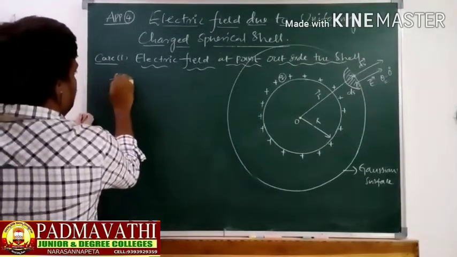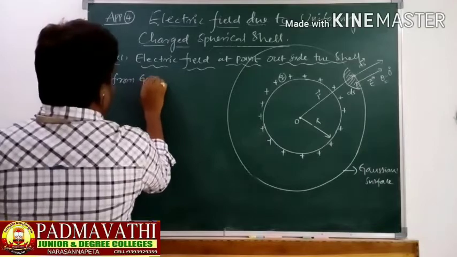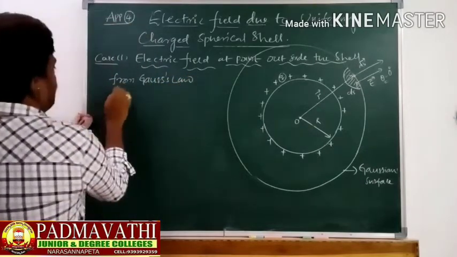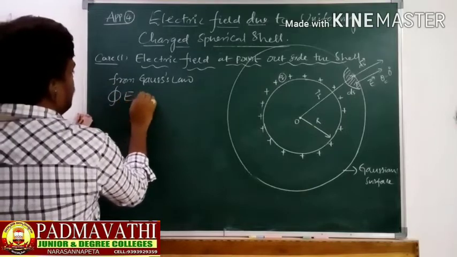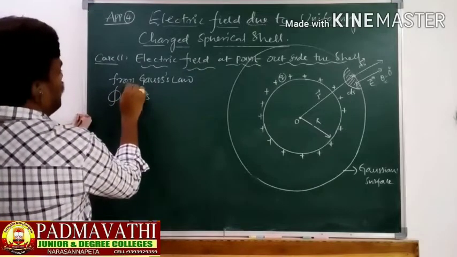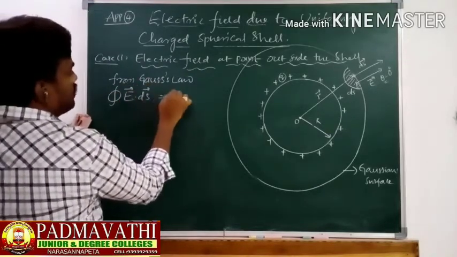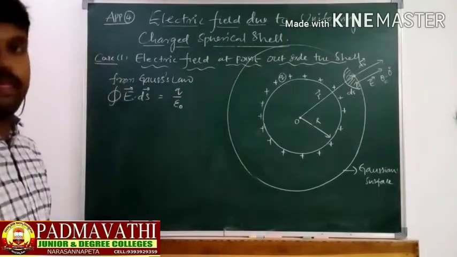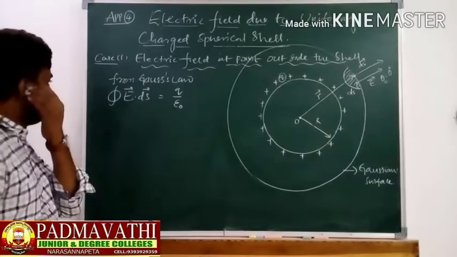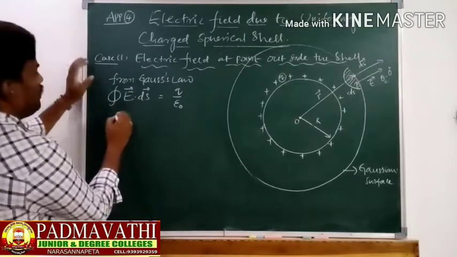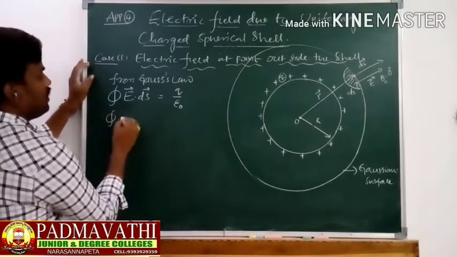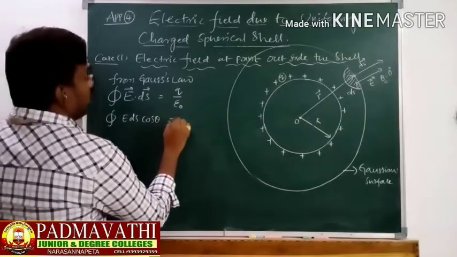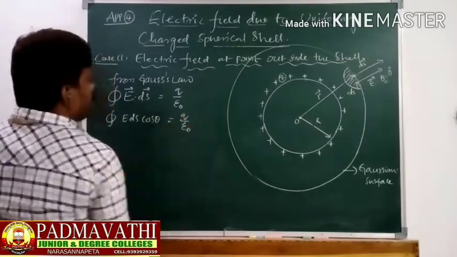So from Gauss law, integral over a closed surface E bar dot ds bar must be equal to q by epsilon naught. So here E bar dot ds bar will be integral E ds cos theta, which will be equal to q by epsilon naught.